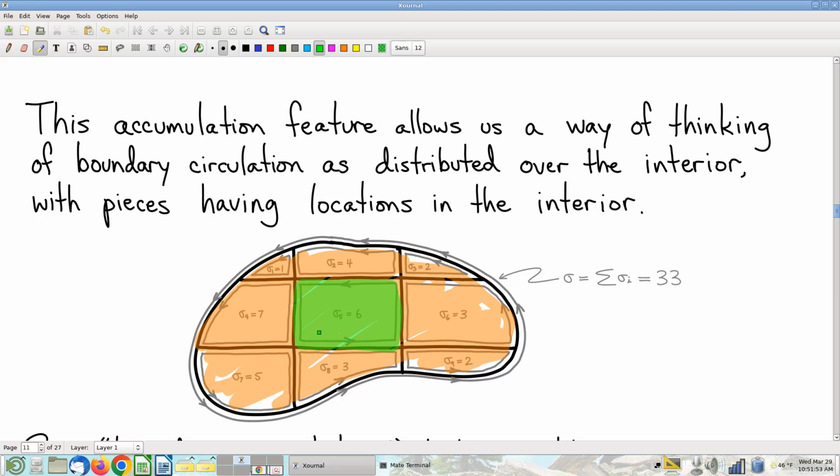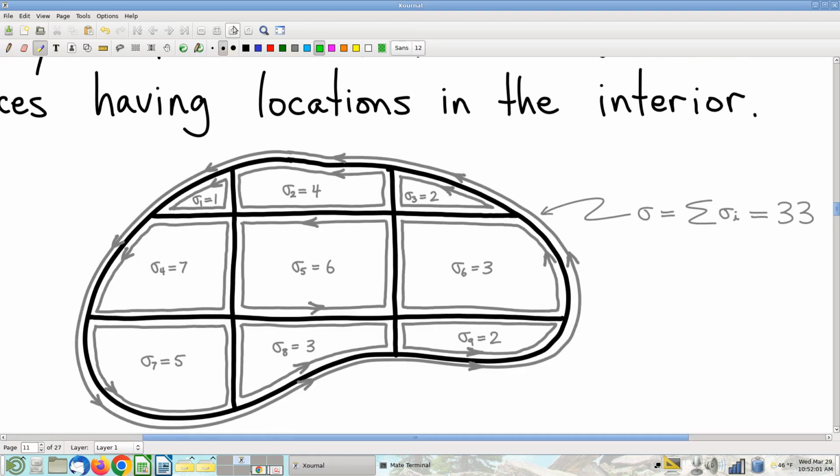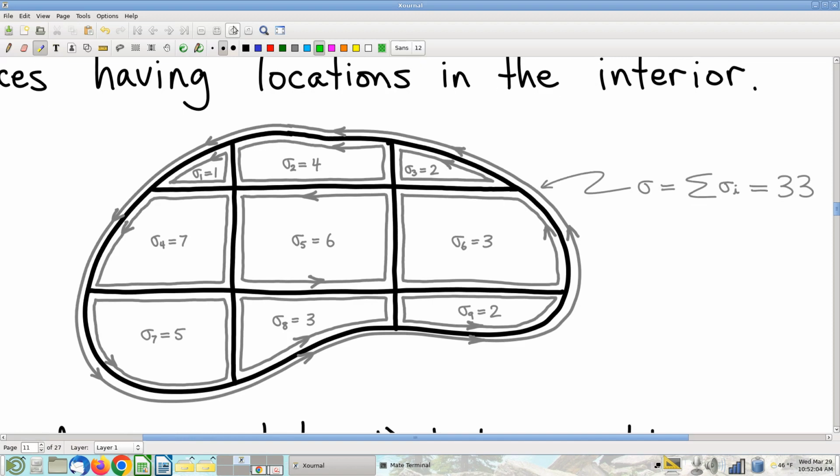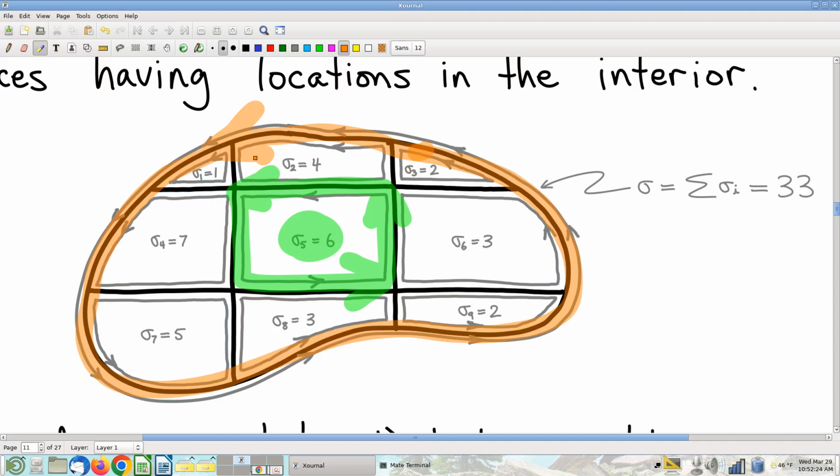It's an accumulating quantity. The whole is the sum of the parts. Notice the way I've written down the arithmetic here in this example, and this is arbitrary. I just made this up, but I think it's nice to have a picture. If I know that this green line integral is 6, and let's say it works out that this orange line integral is 33, how much of that 33?